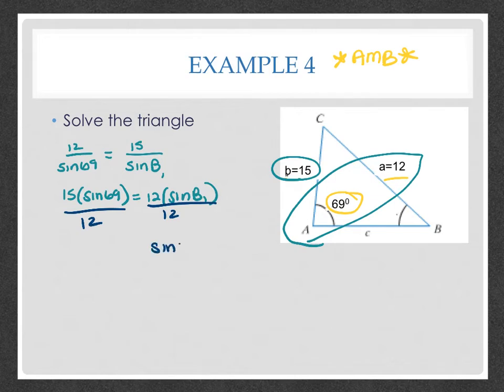So I get the sine of B1 equals, I'm going to type that whole thing in the calculator, 15 sine 69 divided by 12. And I get 1.1669. So when I go to do sine inverse of that, what's going to happen?